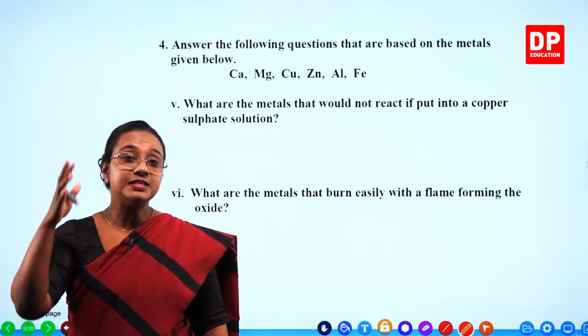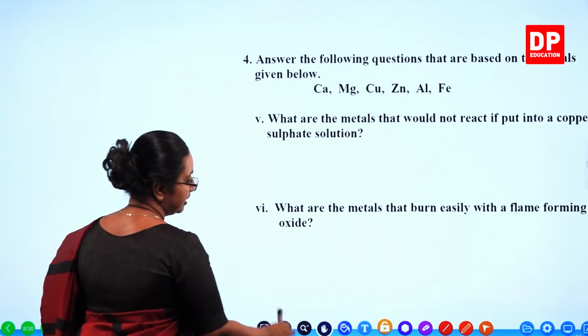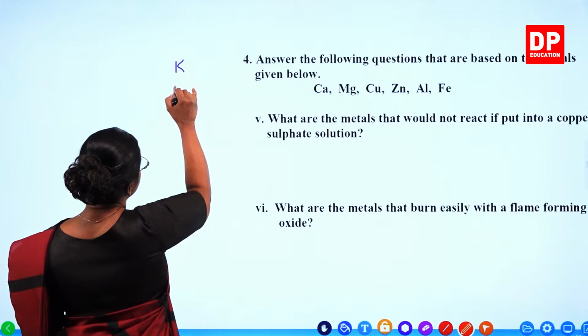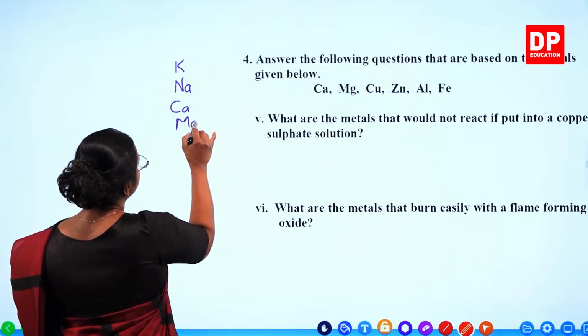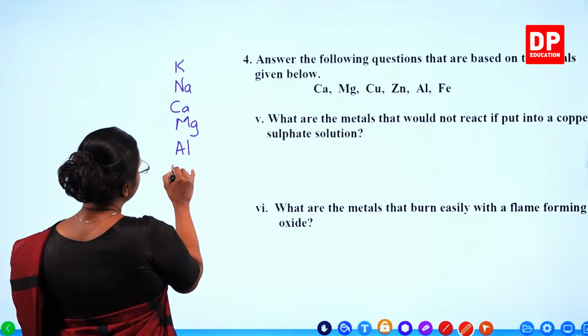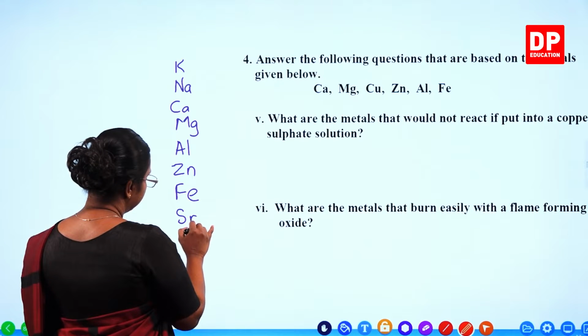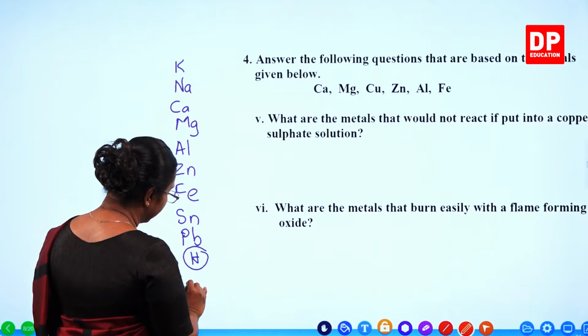So if we consider the order of the activity series, I will write it here. So we have potassium, sodium, calcium, magnesium, aluminium, zinc, iron, tin, lead, then we have hydrogen in the middle.